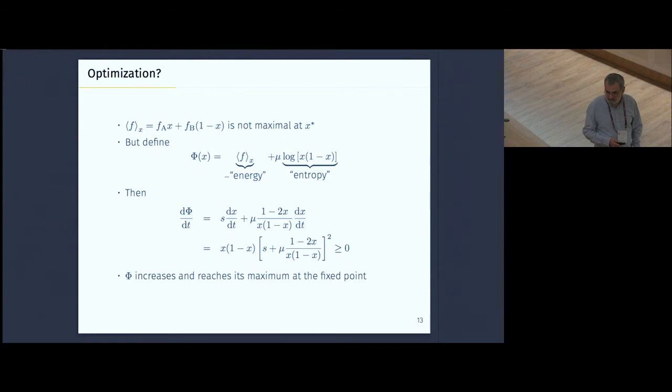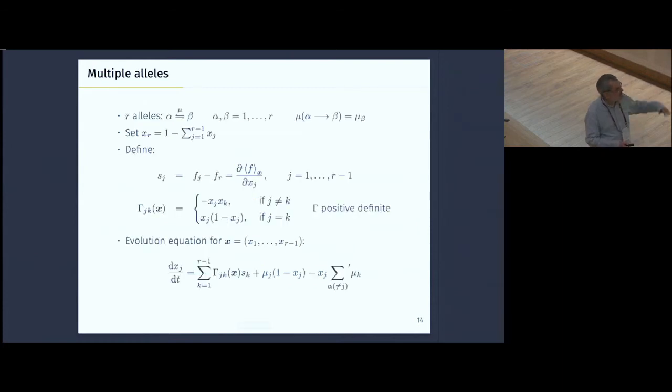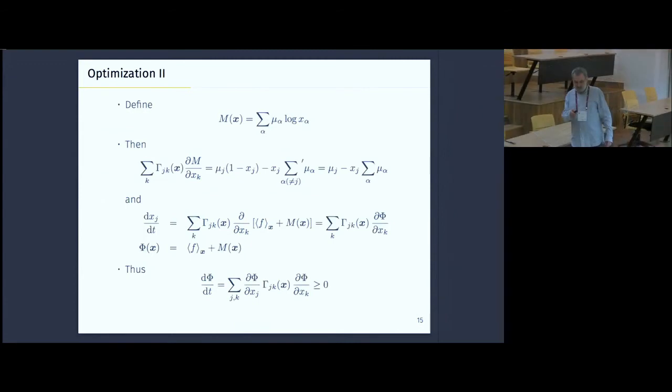Log of x times 1, so it's some invariant distribution, and you look at the log of that. Suppose I had multiple fixed points, more than 2. Well, x1, and say x2. In the case of multiple alleles, in the general case, you find that you can define a generalization of this quantity, which is here, in a particular mutation model.